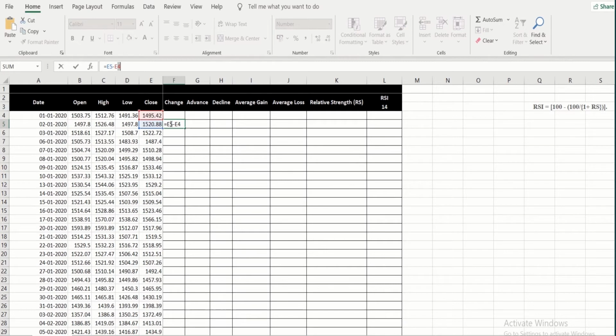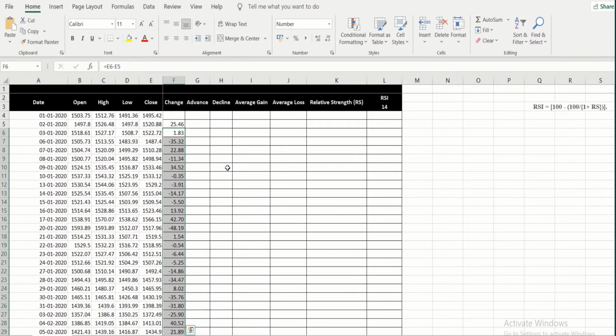Thus, from the table, for 2nd Jan we get the change in price as E5 minus E4. Now, selecting the corner of the F5 cell and just dragging and dropping down for the remaining periods. This is basically the Excel fill tool function.